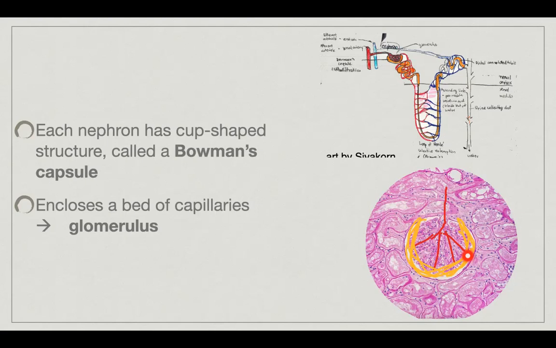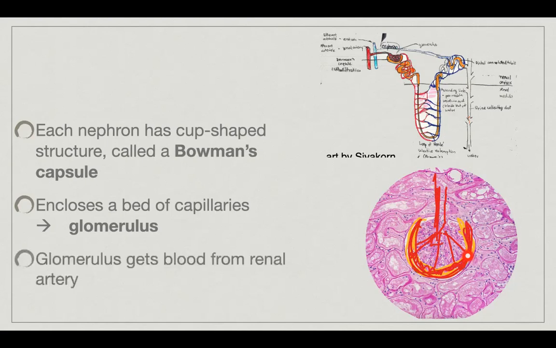So this is where that happens. This is filtration. A huge amount of pressure coming in, squeeze it through those capillary beds, and then your filtrate is outside in the Bowman's capsule.